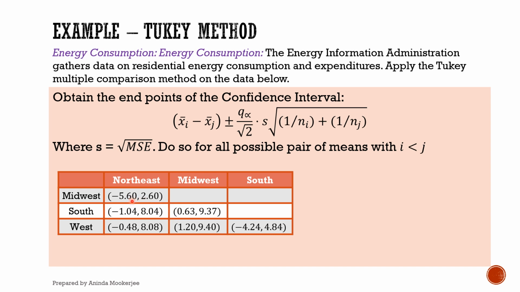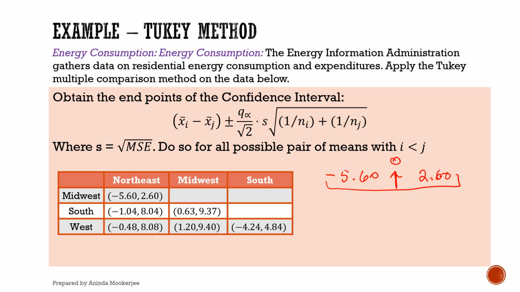Now, let's look at the confidence interval endpoints and try to determine if there is a difference between the means of the two regions or not. For the first one, it's negative 5.60 and 2.60. That interval contains a difference of 0 somewhere in the middle of the interval.